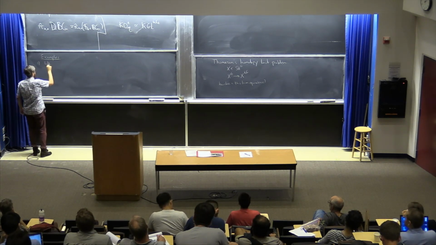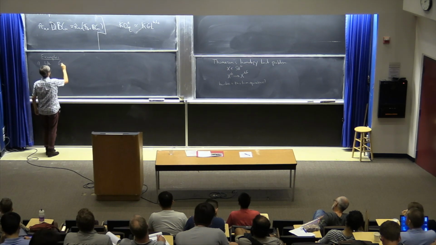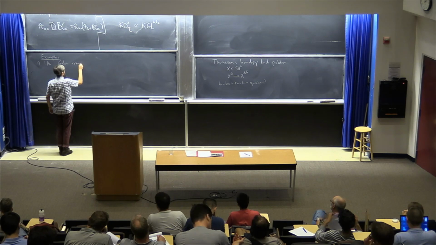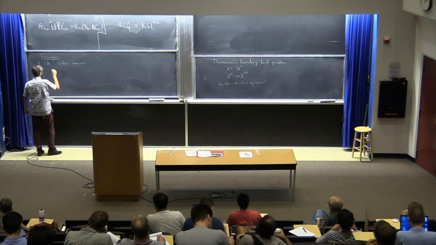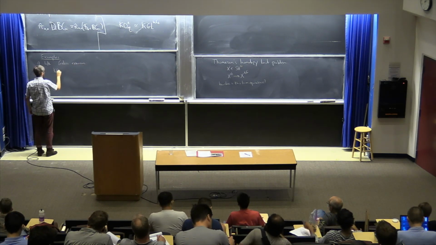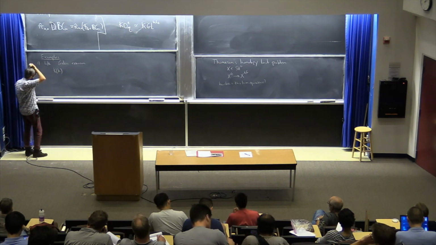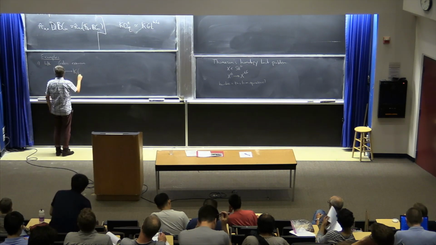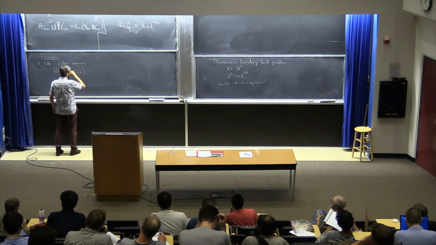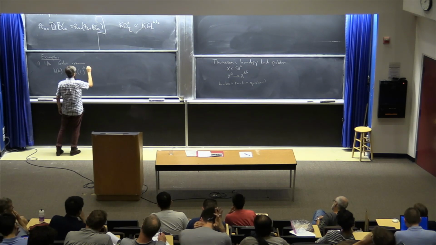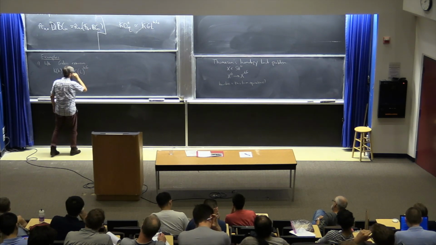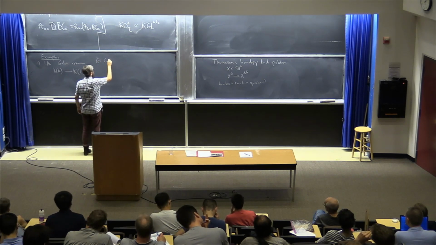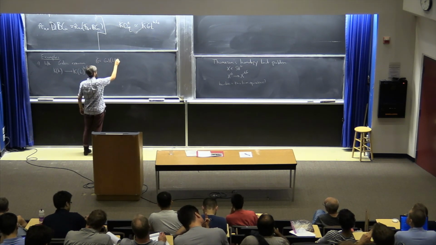We have a finite Galois extension of fields, and we take a look at the algebraic K-theory of the ground field K. That maps to the algebraic K-theory of this larger field, and lands in the homotopy fixed points. So here G is the Galois group of L over K.